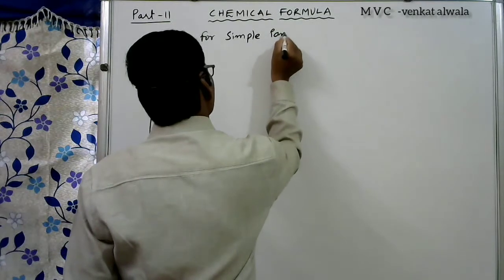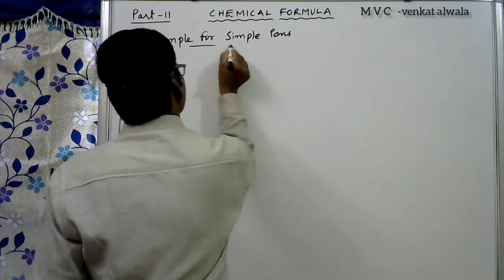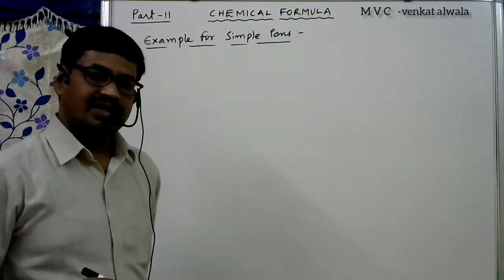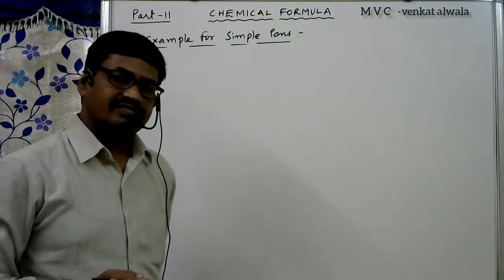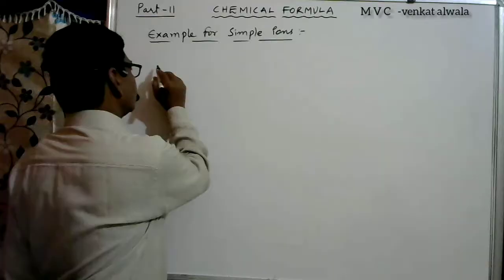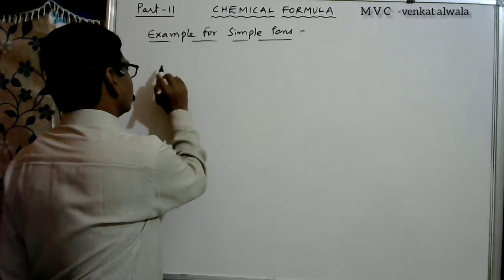Simple ions means only one atom is present in that particular ion, like chloride. So generally, negative ions will take the ide ending.